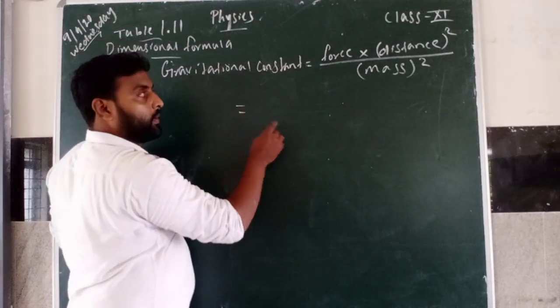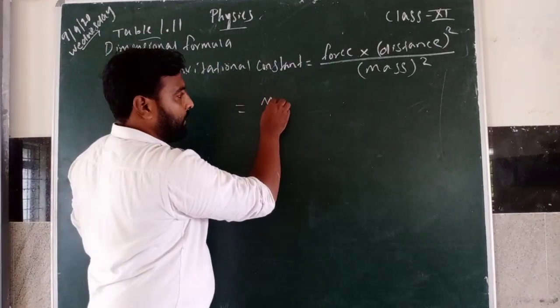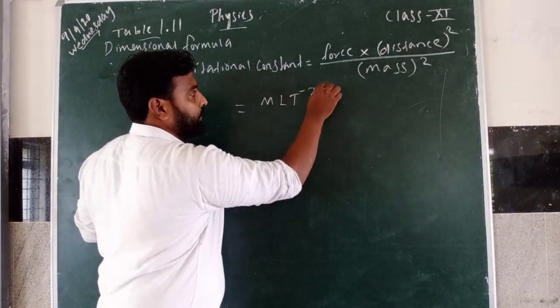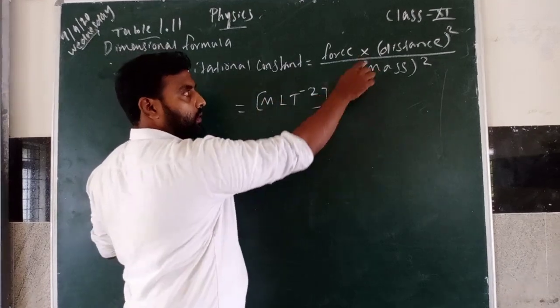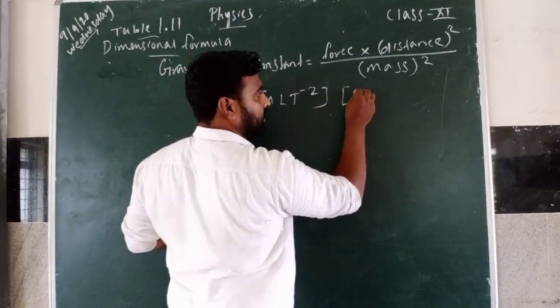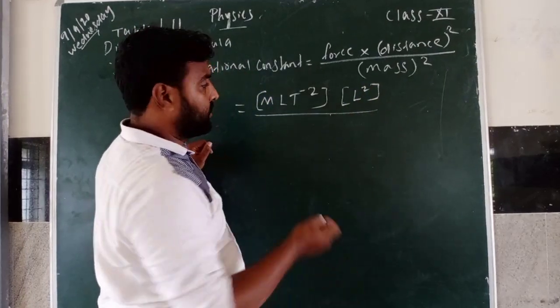So, force you already know, M L T power minus 2. Distance square, distance is length, so L square, divided by mass square, M square.